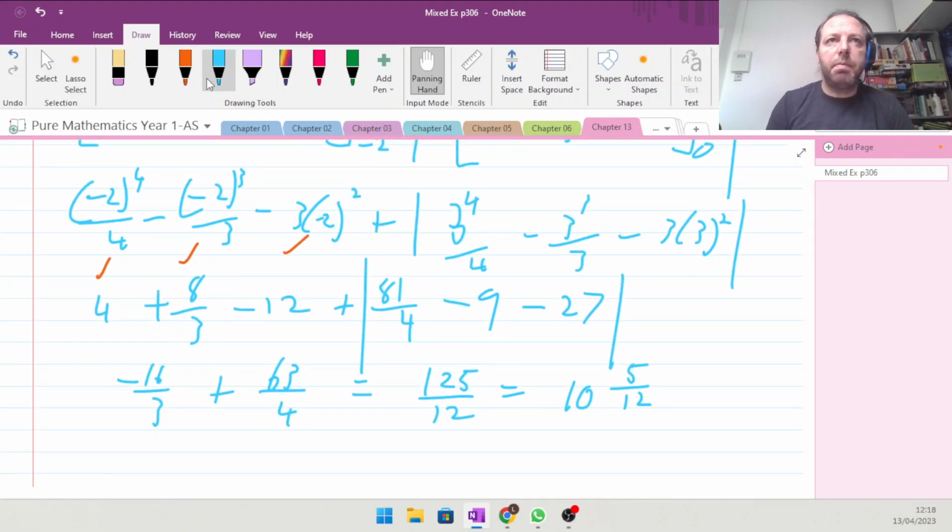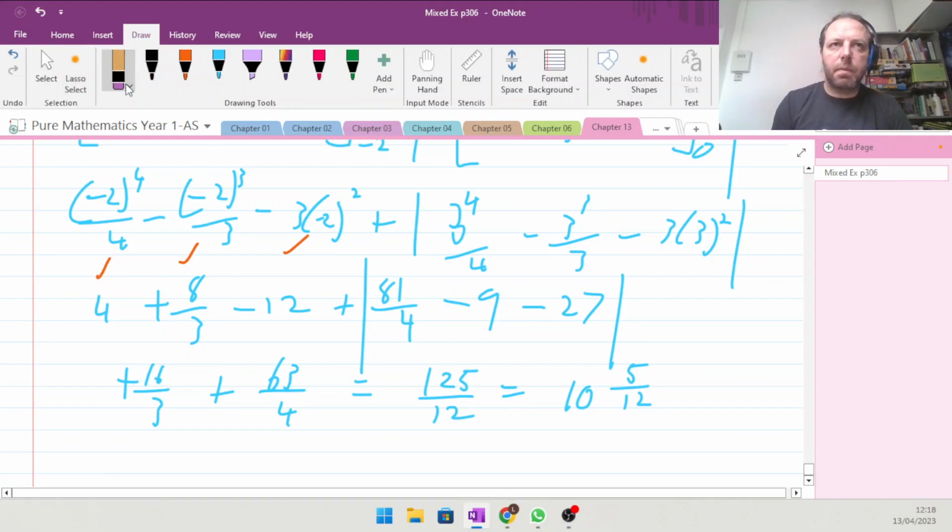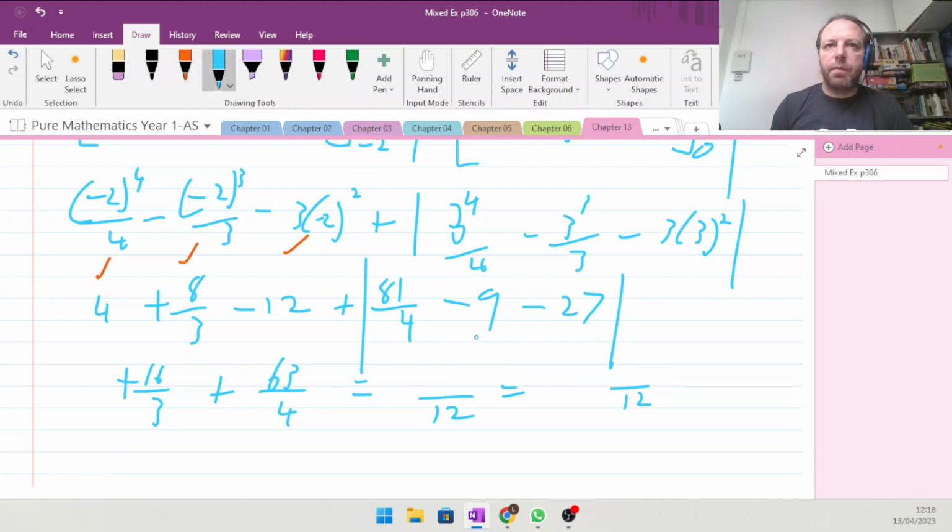So it's come down as a positive 16 over 3. Okay, so 16 over 3 plus 63 over 4, which is 253 over 12, which is 21 and 1/12.